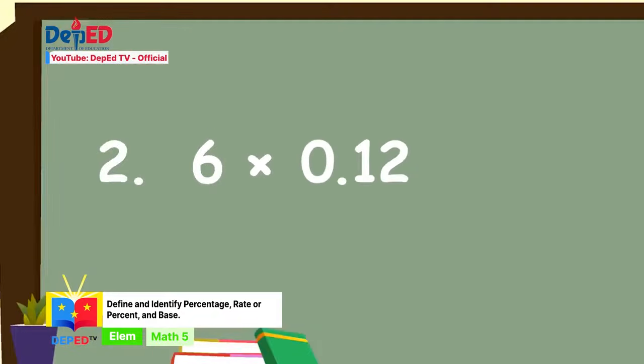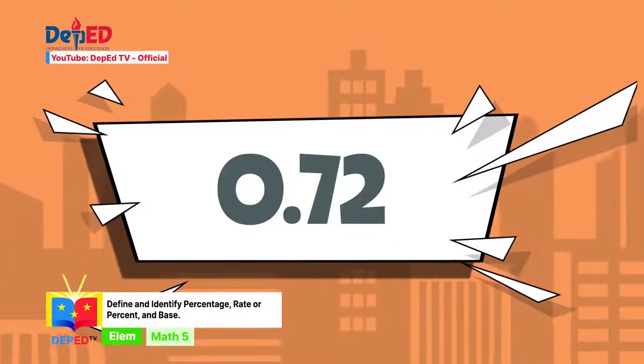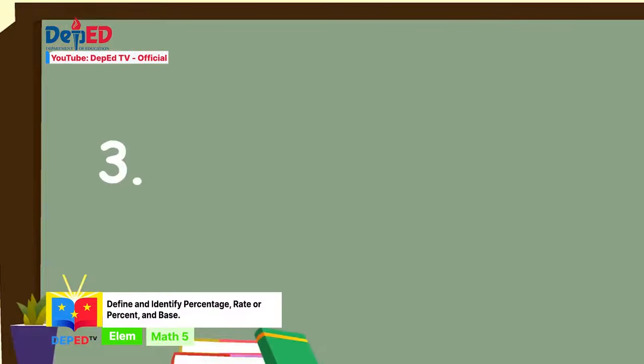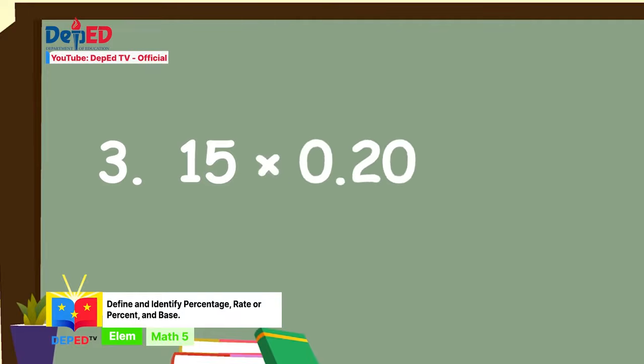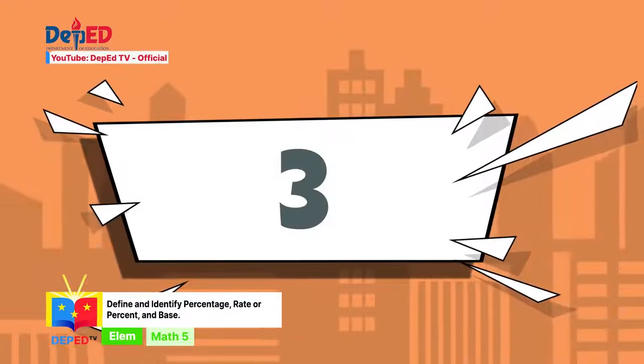Number 2. 6 times 12 hundredths equals n. The answer is 72 hundredths. Number 3. 15 times 20 hundredths equals n. The answer is 3.